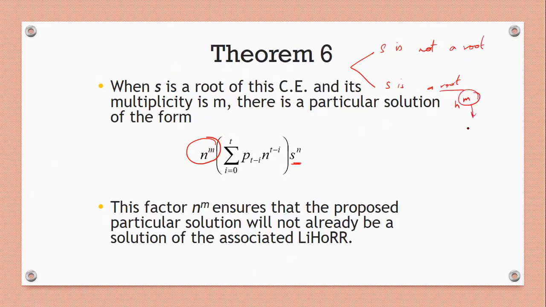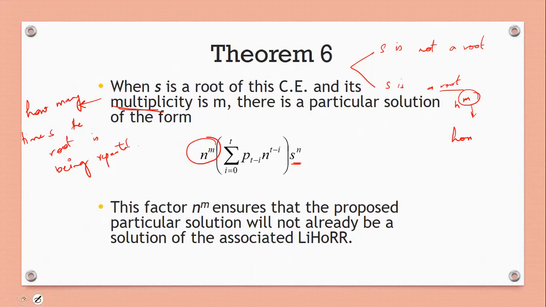Multiplicity means how many times the root is being repeated. The factor n^m ensures that the proposed particular solution will not already be a solution of the associated linear homogeneous recurrence relation. So n^m is basically ensuring that whatever our solution is, it is not already a solution.